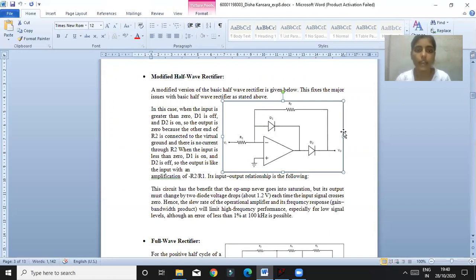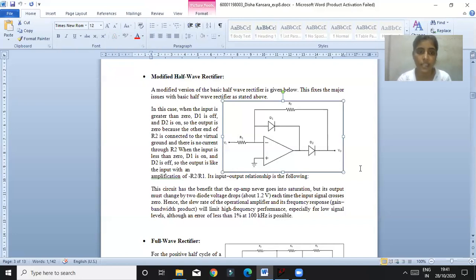In this case, when the input is greater than 0, the diode D1 is off and D2 is on, and the output is 0 because the other end of R2 is connected to the virtual ground, and there is no current through R2. When the input is less than 0, D1 is on and D2 is off. So the output is like the input with an amplification of minus R2 by R1.